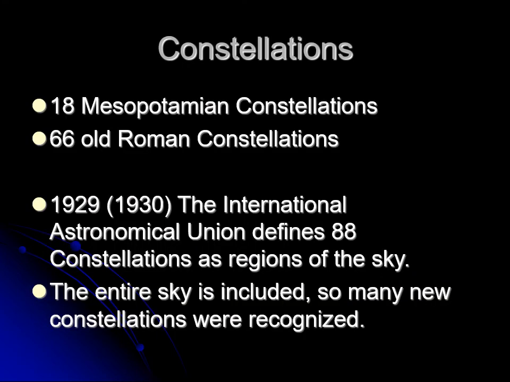So this was in 1929, 1930, 90 years ago, so almost a century ago. They published the list of 88 official constellations. Now, in the list of 88, 66 of them go back to constellations the Romans used.